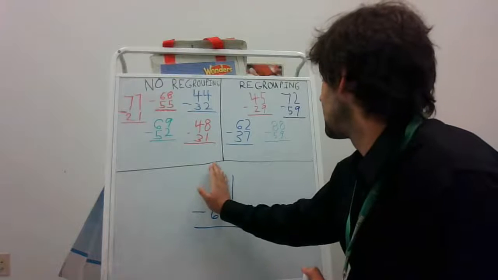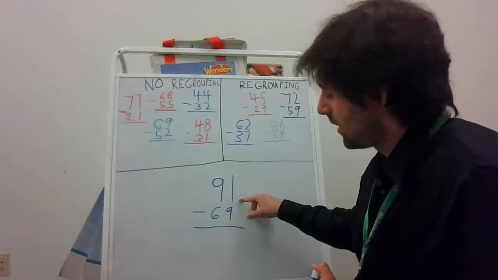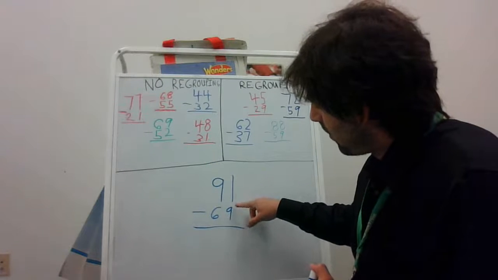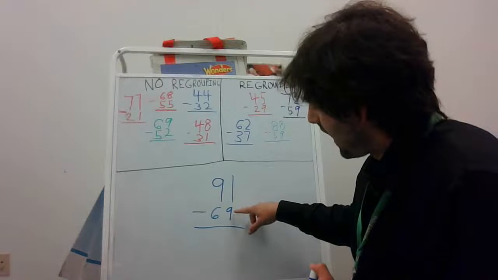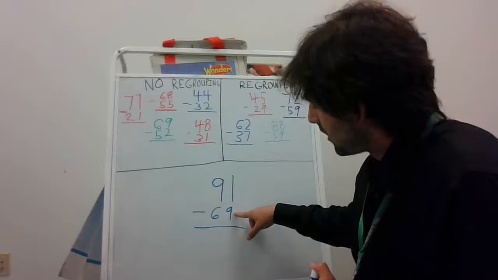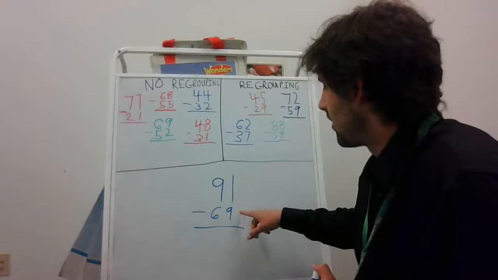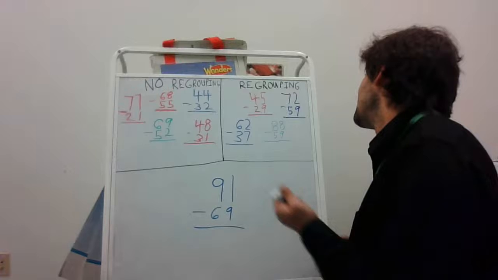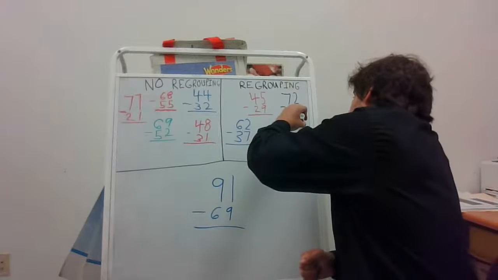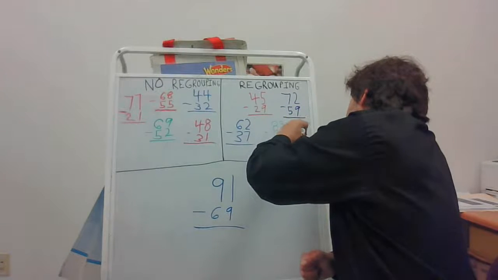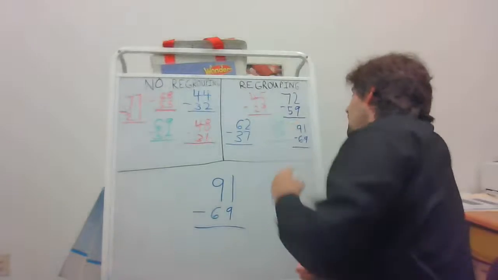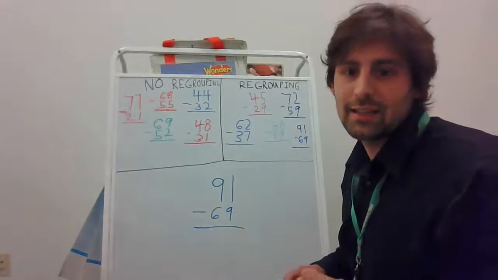So I'm going to look at the digits in the ones place. 1 is smaller than 9. The digit on the bottom is bigger for this one because you can't start out with 1 and take away 9. So this problem is going to go in the regrouping category.